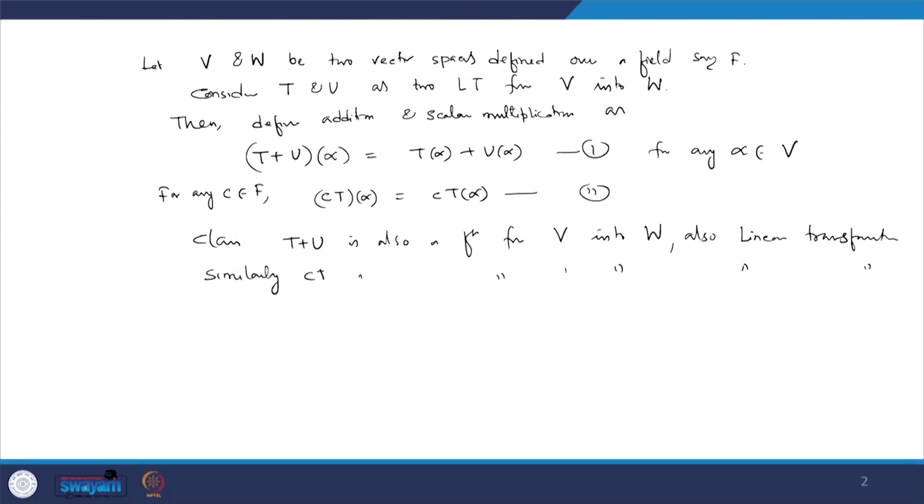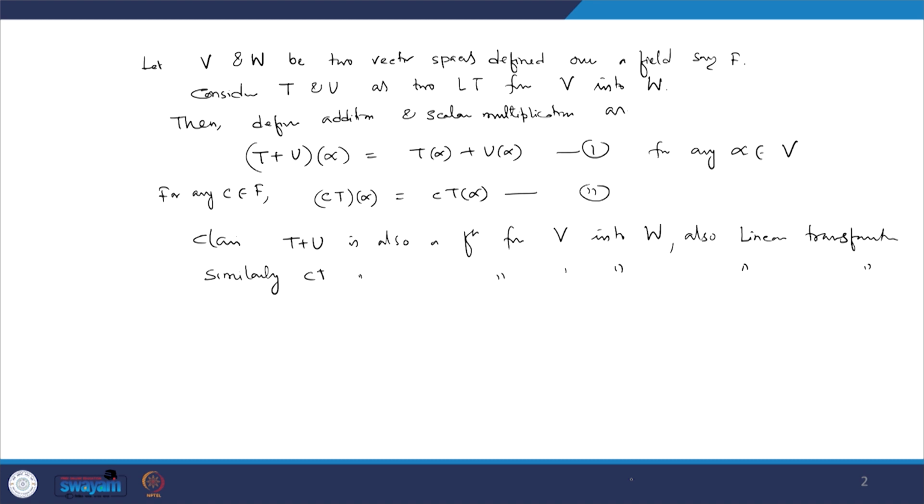I am coming to that, but before that let me see whether, the way I have defined 1 and 2, T plus U is a linear transformation from V to W or not, and C T is also a linear transformation from V to W or not.